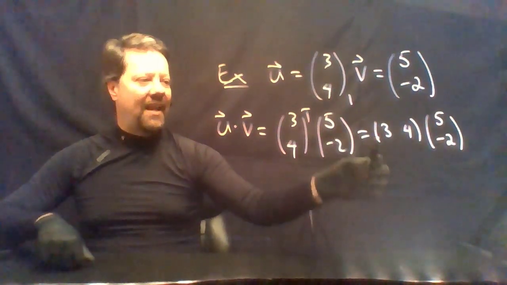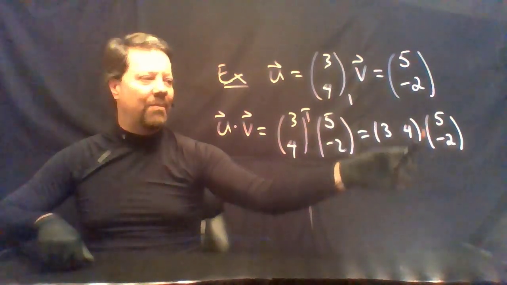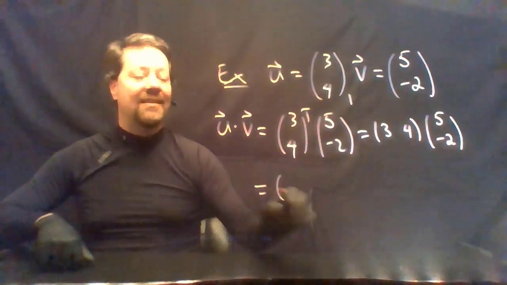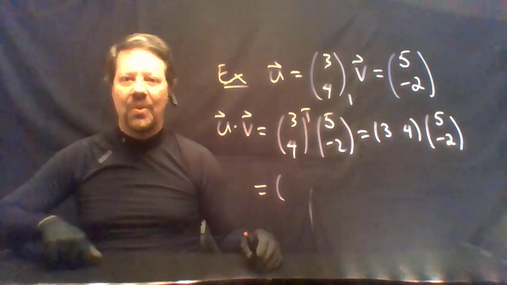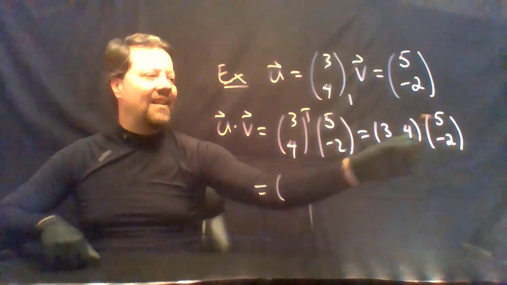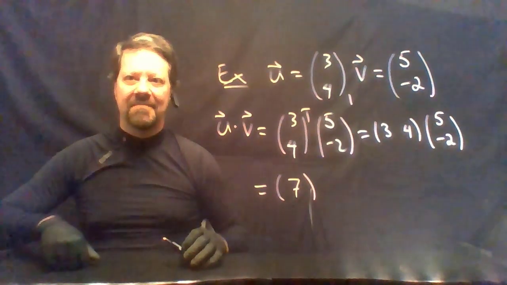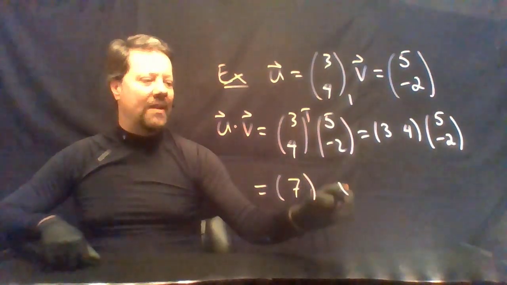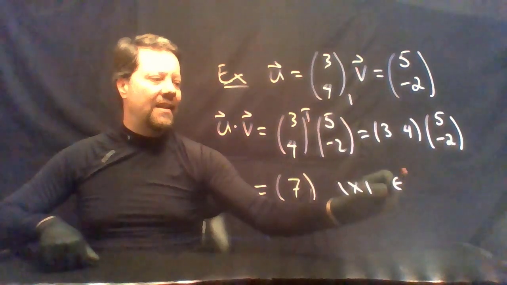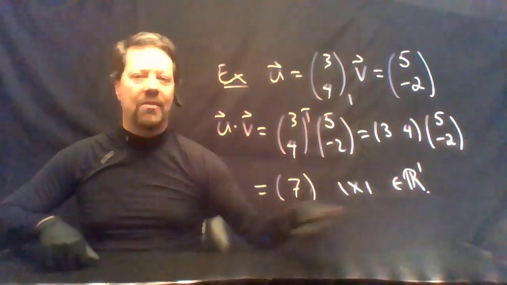When I take a 1 by 2 and multiply it by 2 by 1, I get a 1 by 1, or just a scalar. I'll have 15 minus 8 is 7. This is a 1 by 1 matrix, and hence is equivalent to something in R1, a real number.